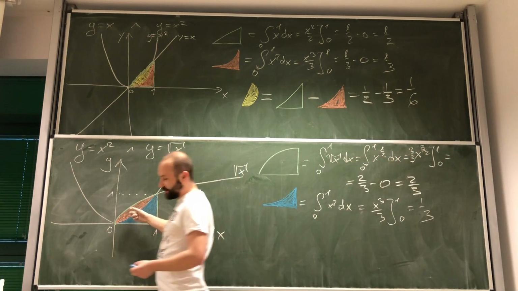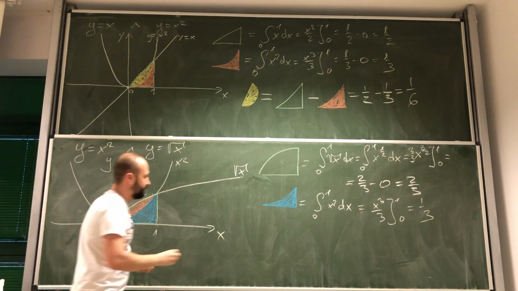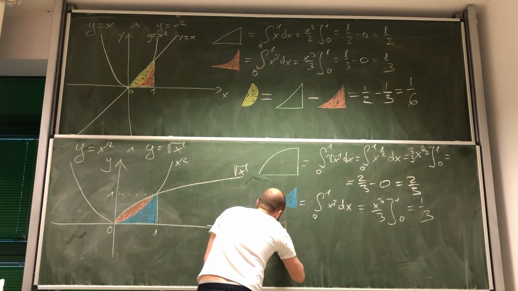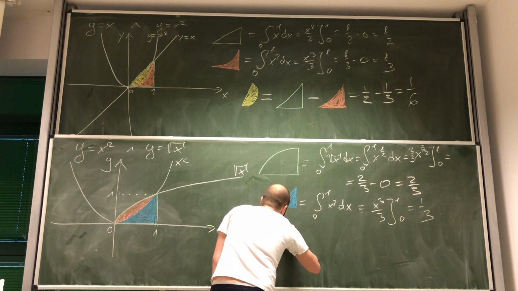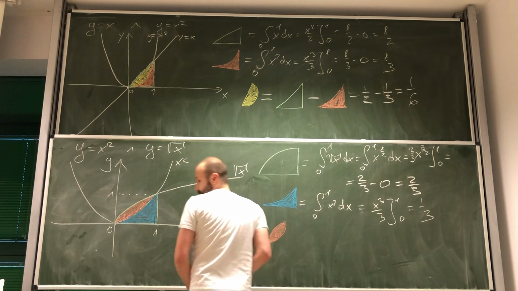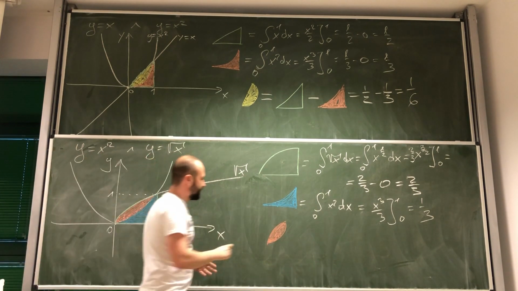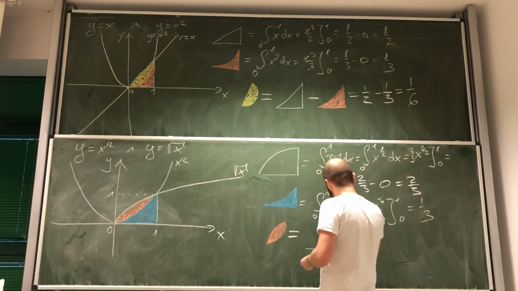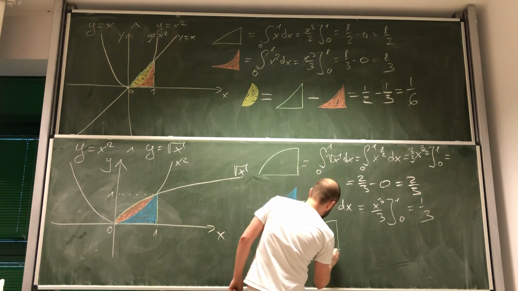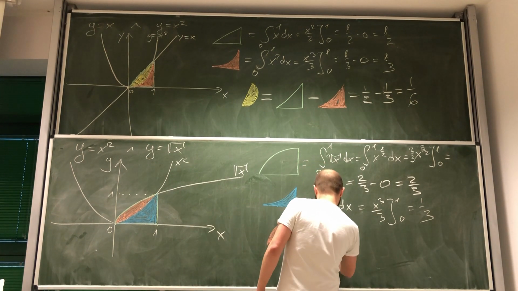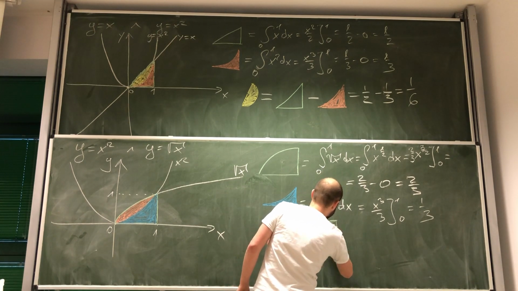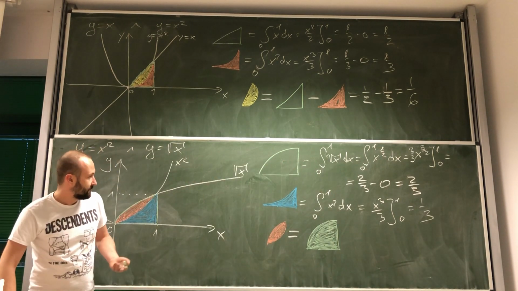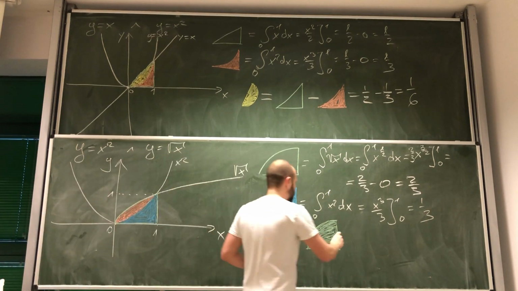And finally, in order to obtain this shape over here, what we need to do is to subtract from the bigger shape the smaller shape.